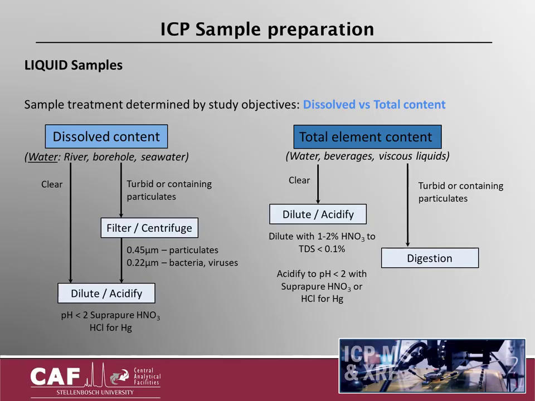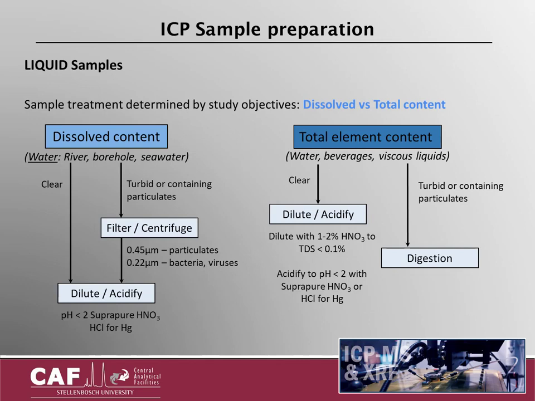When the dissolved element content is of interest, which mostly applies to river, borehole or seawater, you treat the samples differently whether they are clear or are turbid and containing some particulates. If the samples are clear, you simply acidify them to a pH less than 2 with superpure nitric acid and add some hydrochloric acid for mercury, and the sample can then be analyzed.